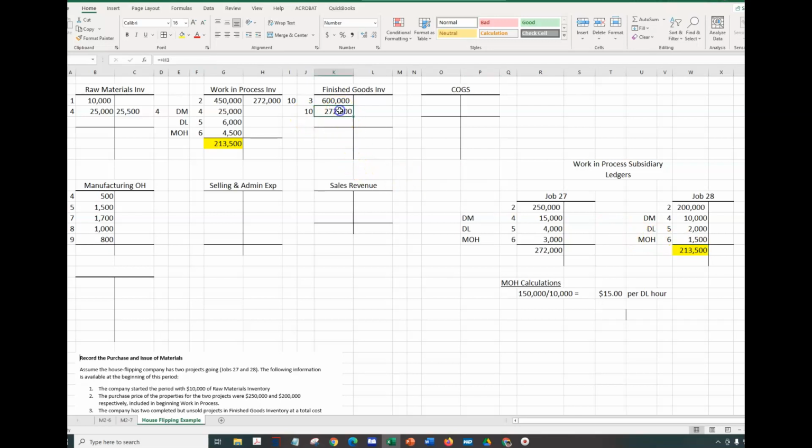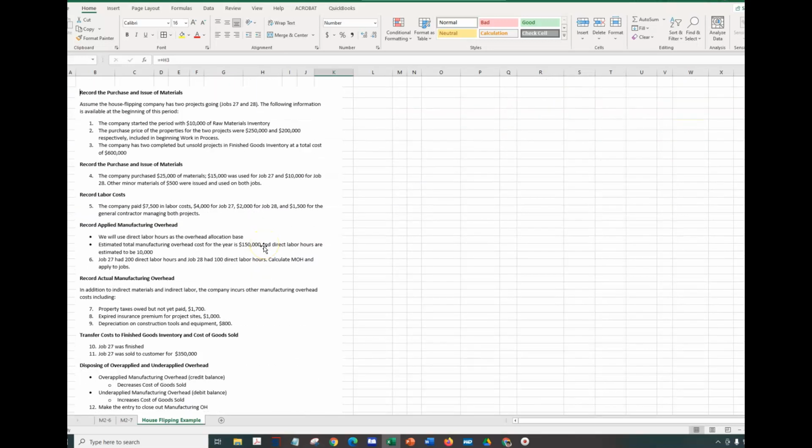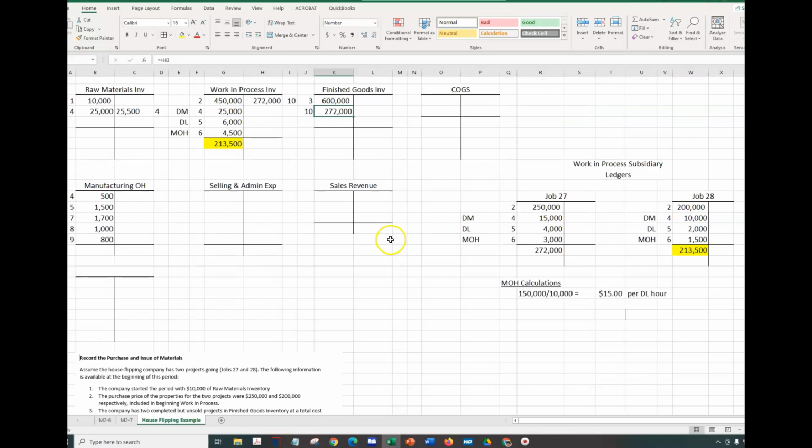So this went into finished goods inventory, but it also said it was sold. So we need to move it out of finished goods inventory, $272,000, number 11, into cost of goods sold. Now the balance in our finished goods inventory is going to be 600,000 plus 272,000 minus 272,000, or 600,000.